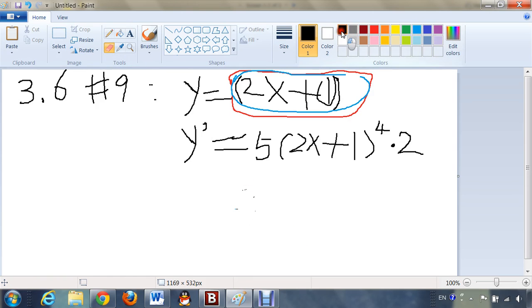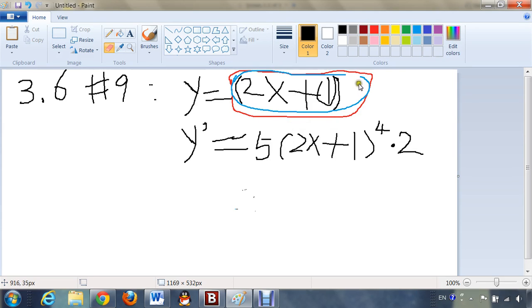So now after that, you ask, okay, am I done this time? The answer is yes, because this 2x plus 1 is the part of this expression that's the easiest to take the derivative of.